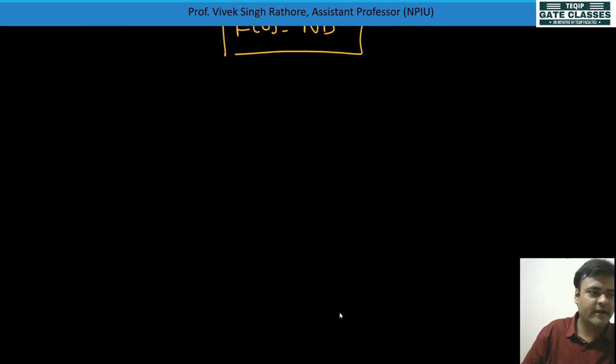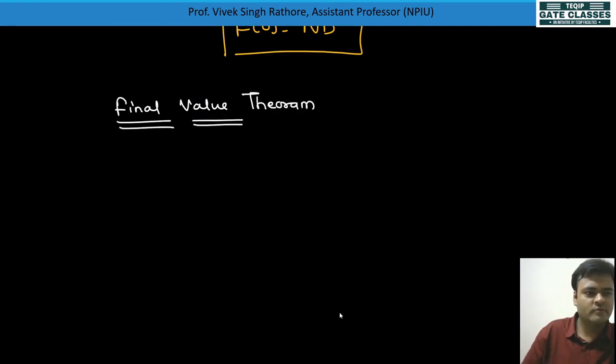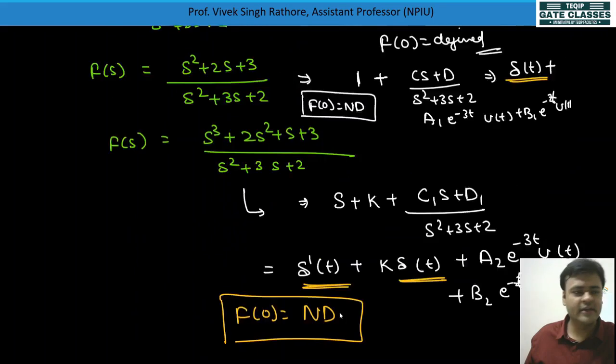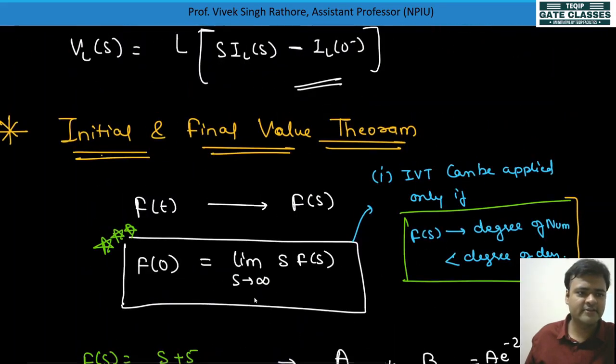Now we'll understand the final value theorem. The final value theorem suggests that if we need the f of infinite value, it is similar to limit s tending to 0. Earlier, for initial value, we took s tending to infinite.